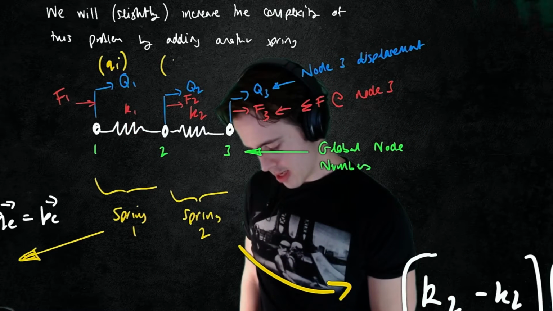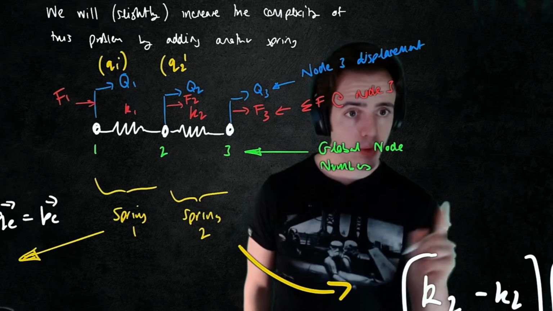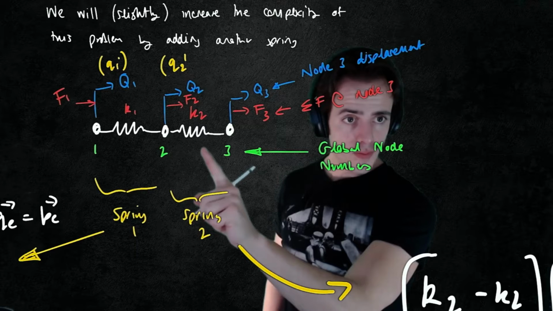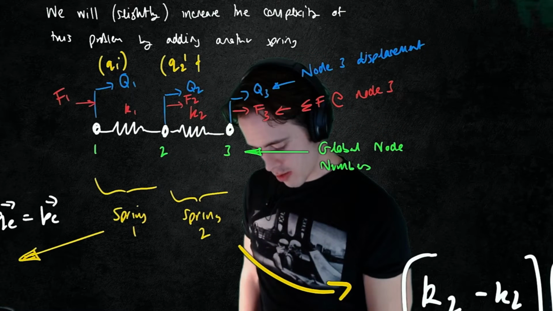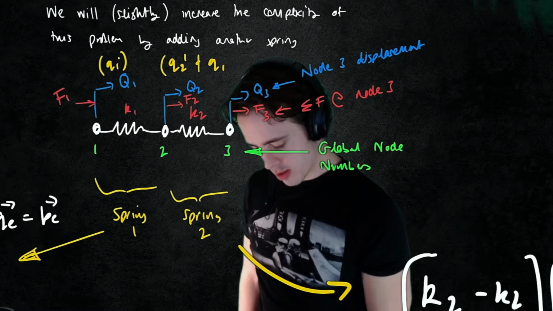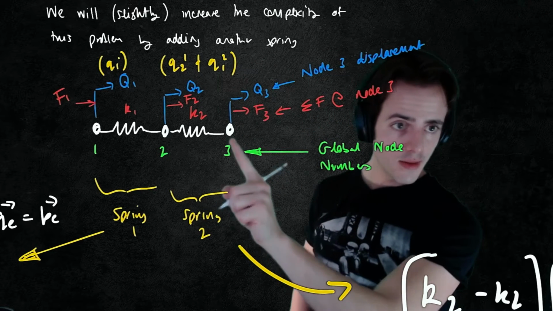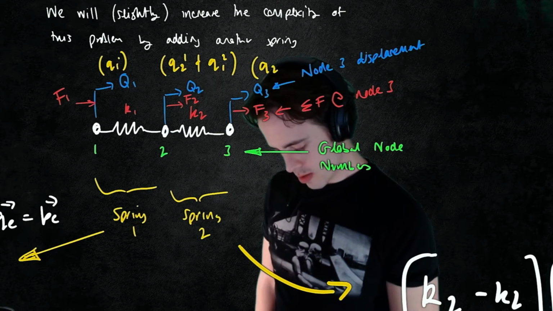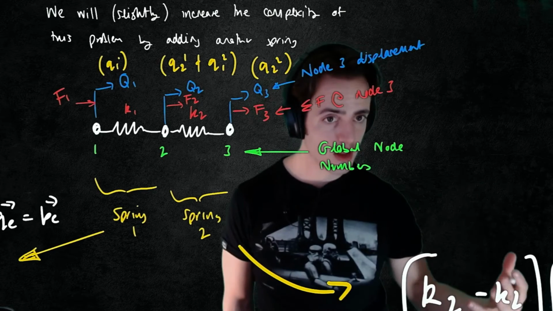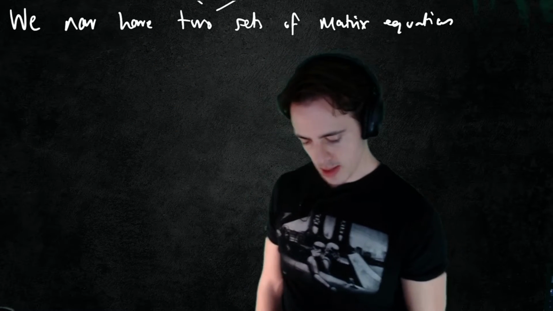This one up here is Q2 of element 1, and also this is spring 2, and the first node it's connected to is Q2. So it's also Q1 of element 2. And then this one here is only displacement 2 of node 2. And we can make very similar arguments for those forces. So let's just write that down succinctly.